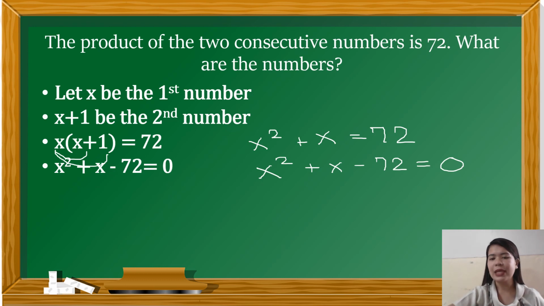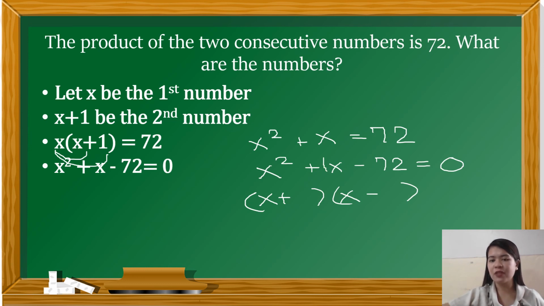From this, we can get the factors of x squared plus x minus 72 to solve this equation. So, the signs are positive, negative. So, for our binomial, we have positive and negative also. Then, the factors of x squared, we have x and x. What are the factors of 72 that when you subtracted to each other will result to 1?